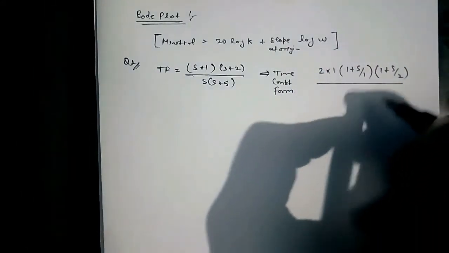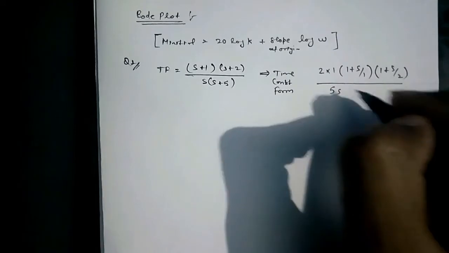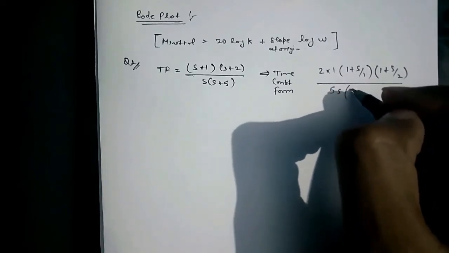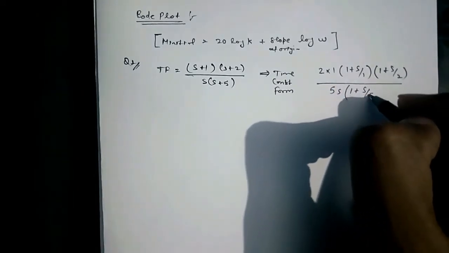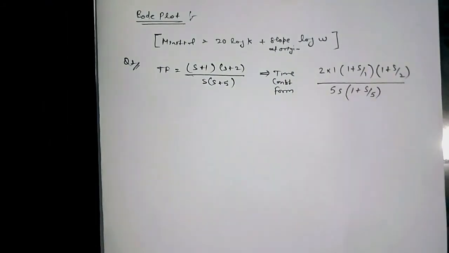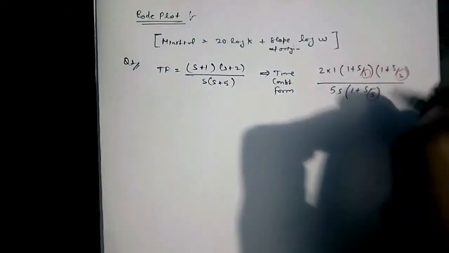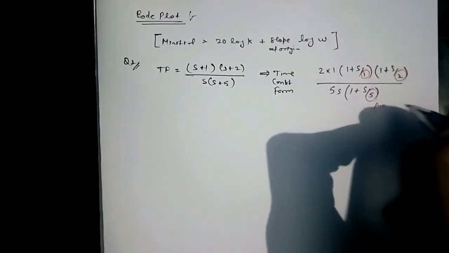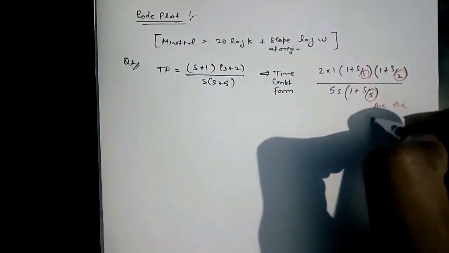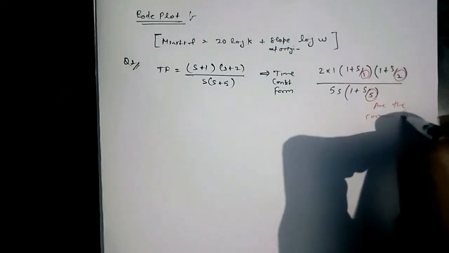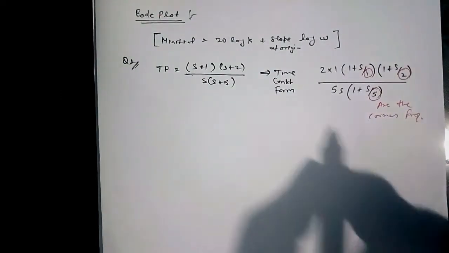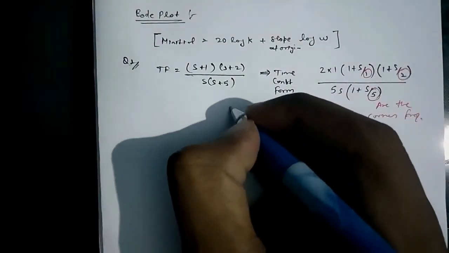In the denominator we will take 5 as common and s as it is. Then here we have 1 plus s by 5. So guys, here these are the corner frequencies, and the gain here is k.